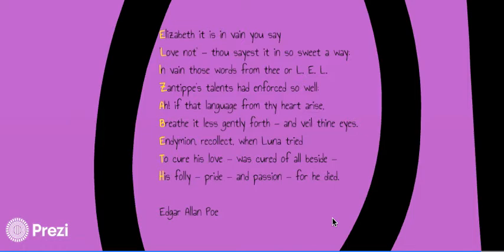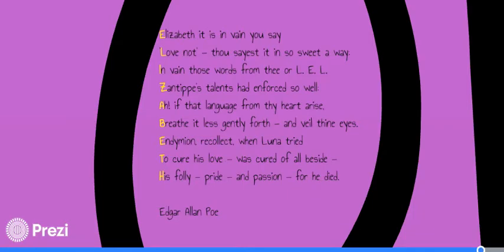So, like the first one, when he says, Elizabeth, it is in vain you say, love not, you wouldn't typically pause on say and then love not. You read poems as they are punctuated. Okay? So it was really clever because there's not this hard end stop at the end of each line. And that's what you're really aiming for in a higher level acrostic.